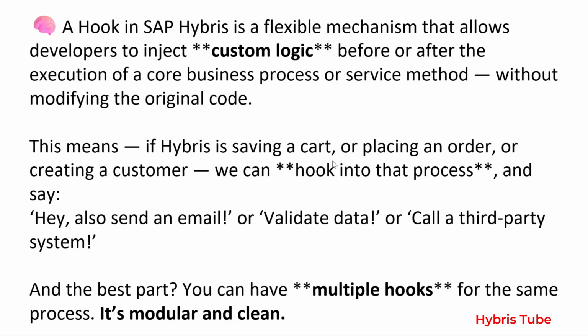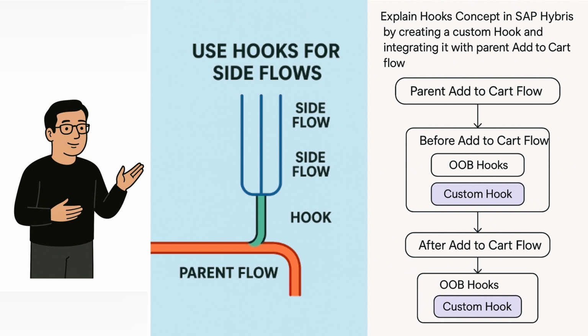Like in our previous scenario as well, when I showed you the demo of add to cart flow, right? The parent flow was add the item into the cart, but then for executing the custom logic, for handling the bundle product concept, we had written a separate hook for that.